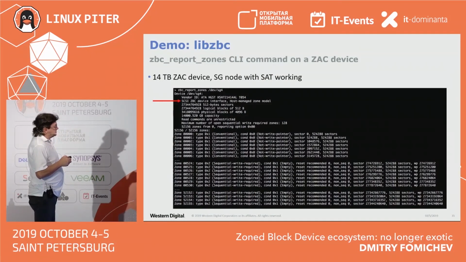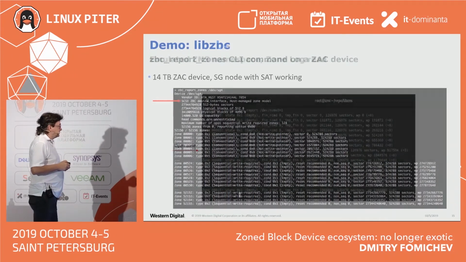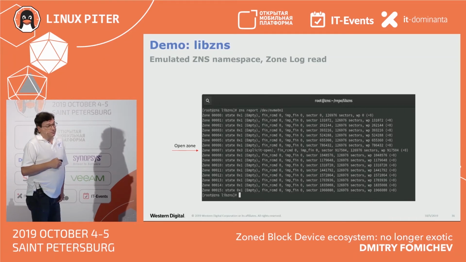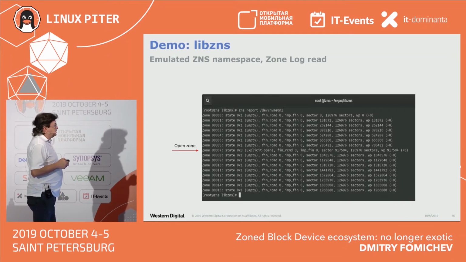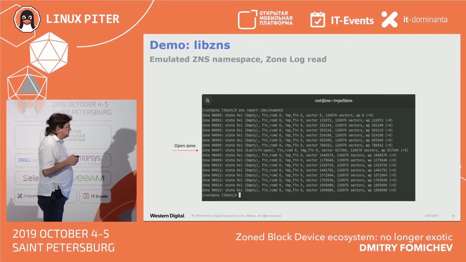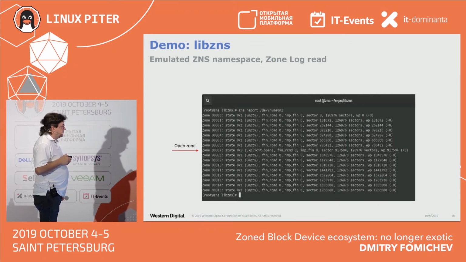Another slide is pretty much the same, but with SG node, and now it works through a different SCSI driver. And similarly for ZNS, just to show you how closely it matches. Now, see, it's not an SD drive but an NVMe namespace, and this is the libzns interface.